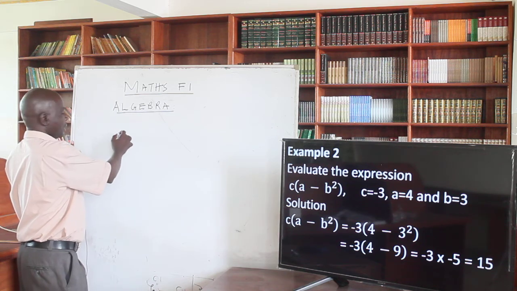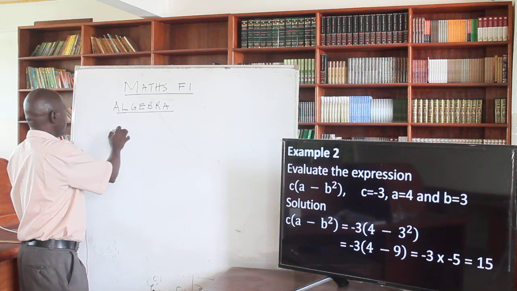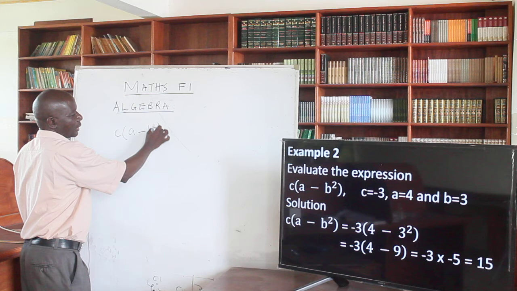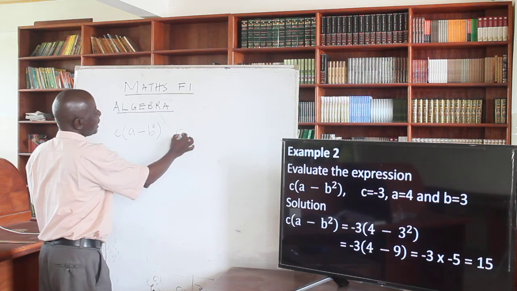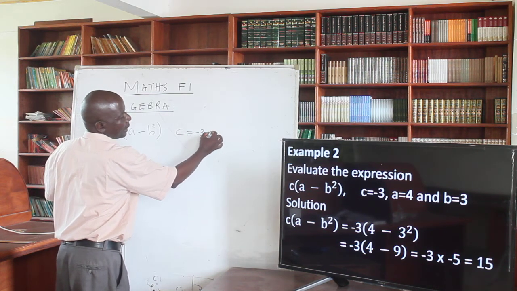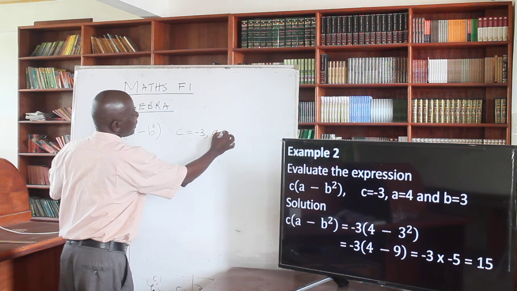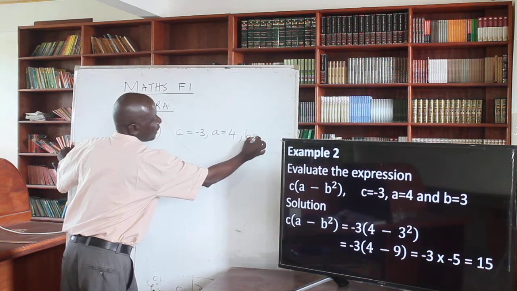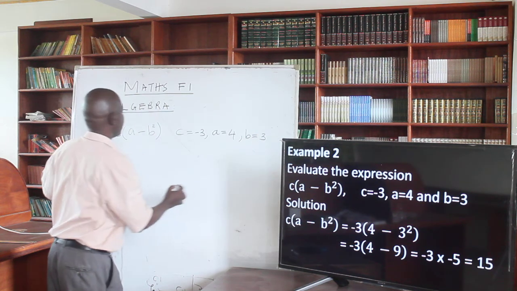So c in bracket a minus b squared, close the bracket, where c has been given a specific value of minus 3, a has been given a specific value of 4, and b has been given a specific value of 3.